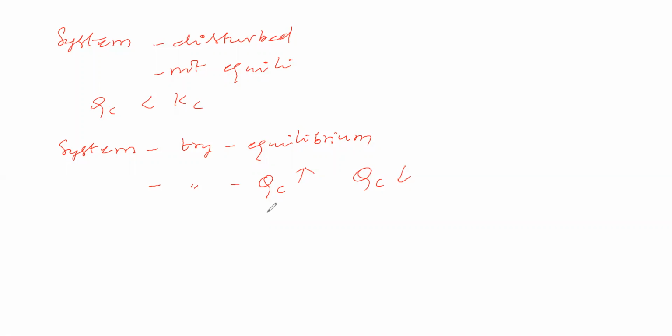The system makes Qc rise or decrease in order to attain equilibrium.